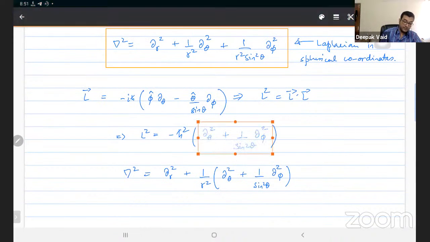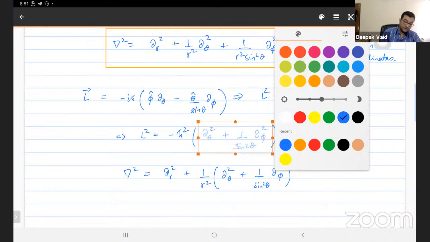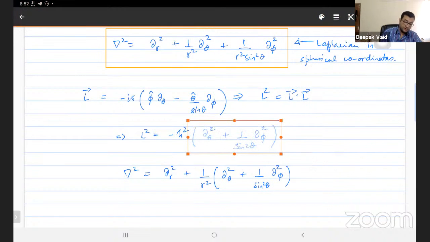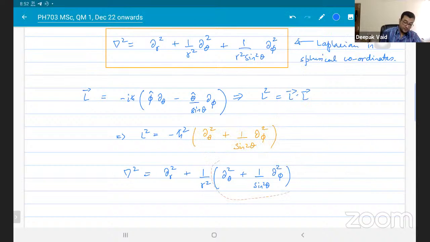You can see that these two are identical, right? So I can write this as dou r squared minus L squared by r squared h bar squared. This is the Laplacian in spherical coordinates. So there is a component which depends on r, and the remaining component is a function of L only.